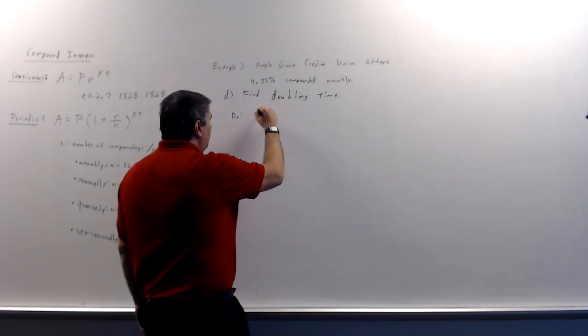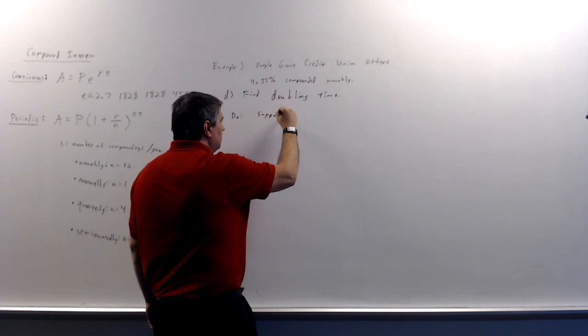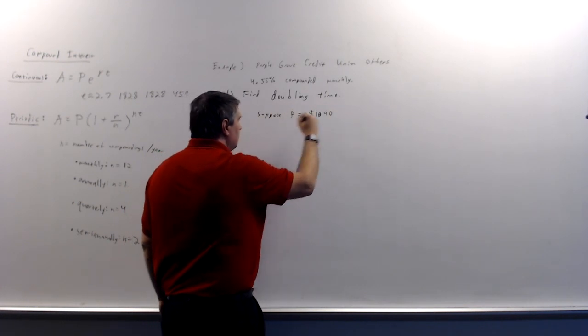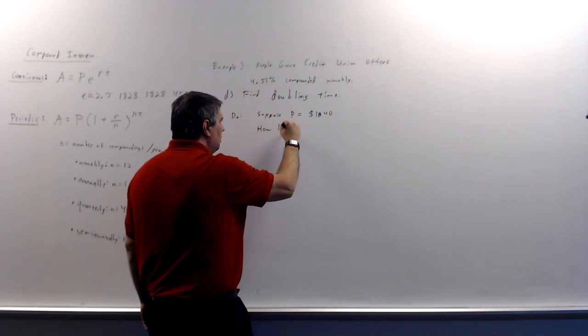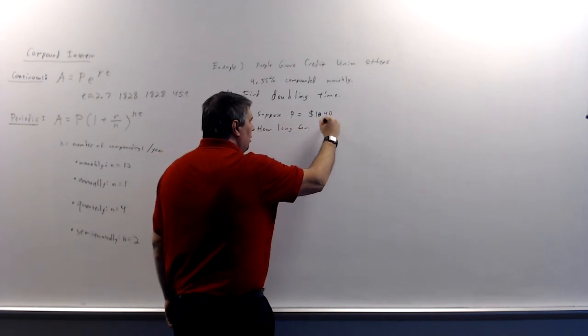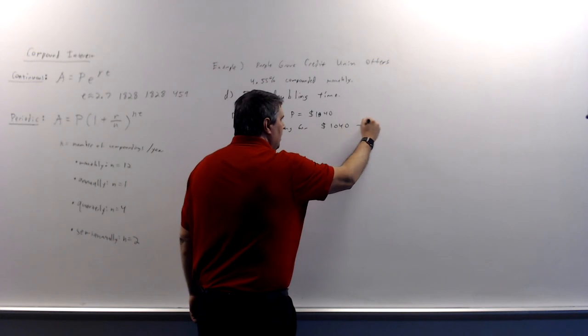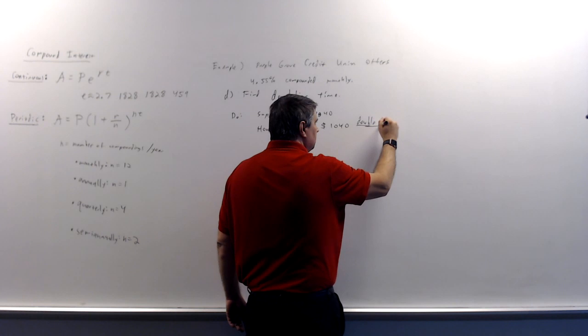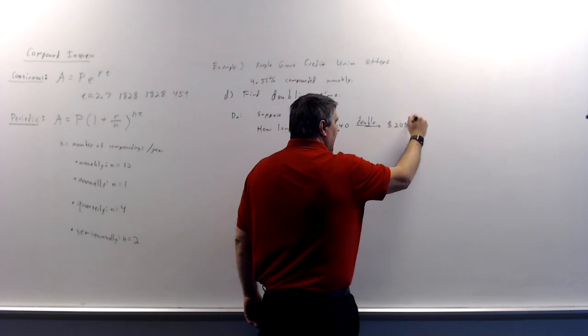So suppose P is 1,040. How long for 1,040 to double to 2080?